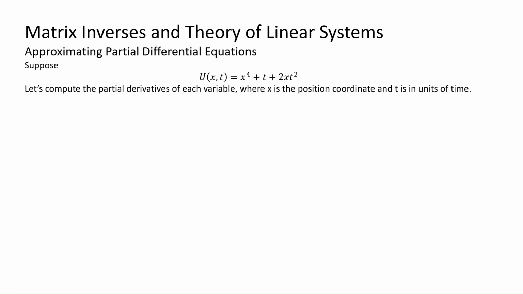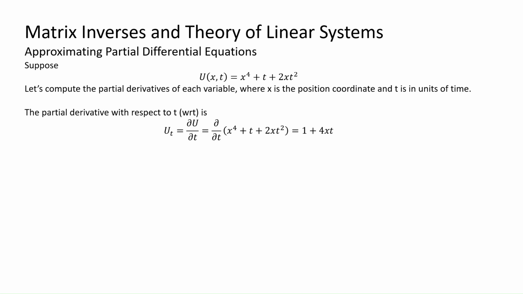The partial derivative with respect to t is, imagine holding u of x and t, where x is treated just like a constant, and we're going to take the regular derivative with respect to t, except it's not a regular derivative because we have two independent variables in this situation. So the partial derivative, notationally speaking, looks like this.